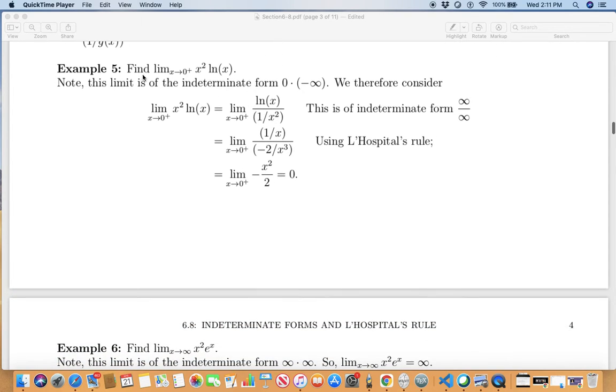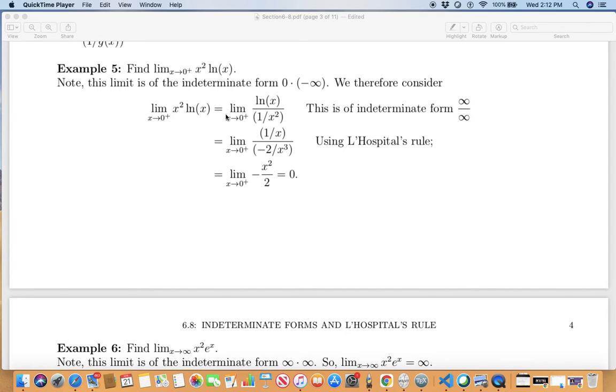So for example, find the limit as x approaches 0 from the right-hand side of x squared natural log x. When x approaches 0, this goes to 0, whereas this goes to negative infinity. So this is indeterminate, and we need to change things.